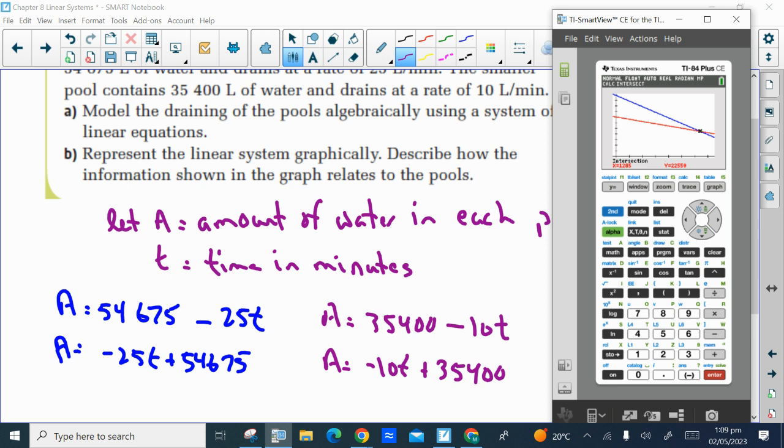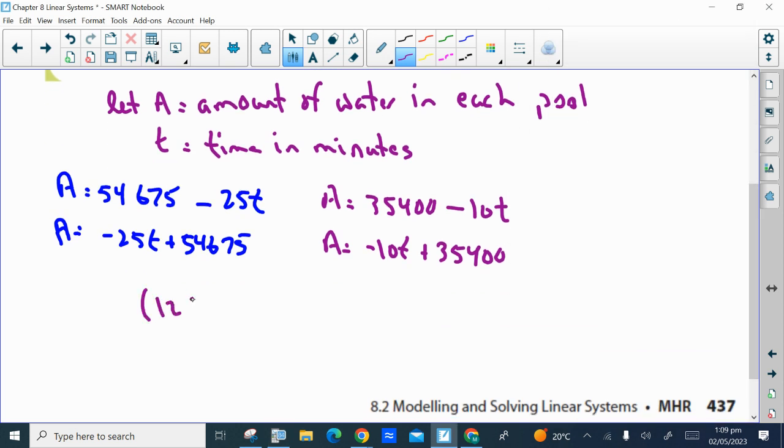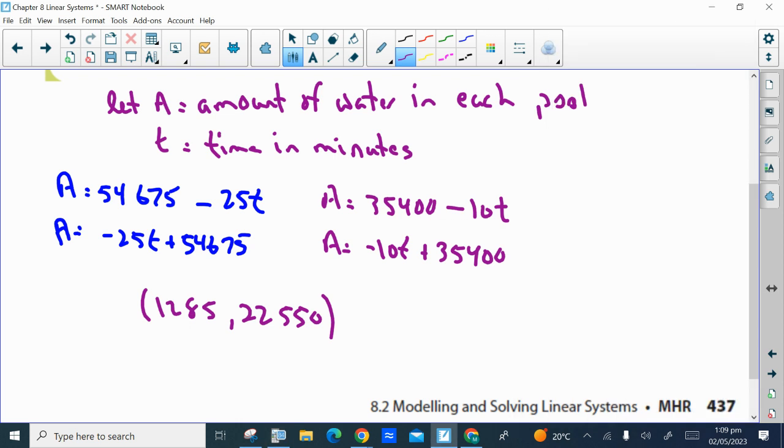And it's actually at 1285 and 22,550. Just check that. Yeah, 1285 is right.